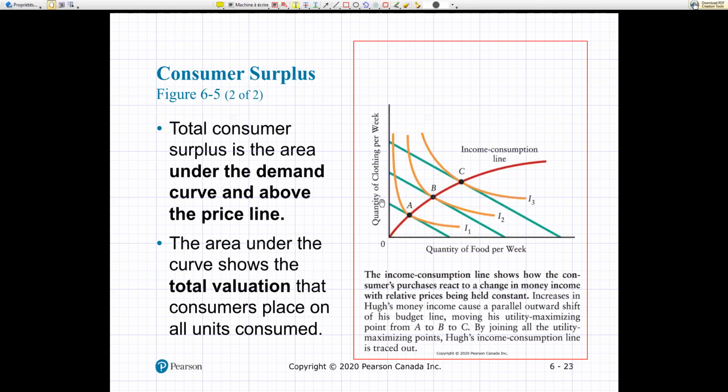So here are some budget lines. If I have a higher budget, I'm here. If I have a medium budget, if I have a small budget, I'm here. And then we haven't talked about this thing there, which is a fundamental concept. Has somebody heard the name of these curves?